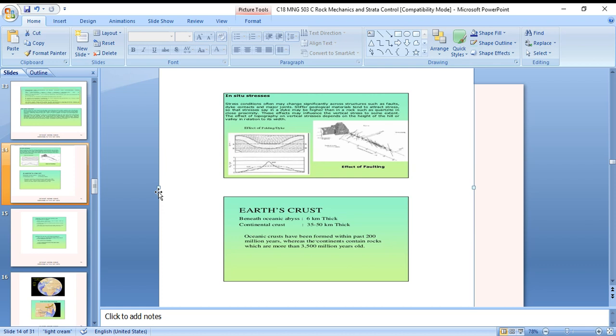The effect may influence the vertical stress to some extent. The effect of topography on vertical stress depends on the height of the hill or valley.